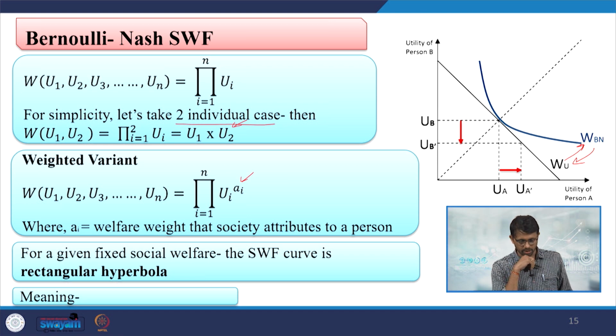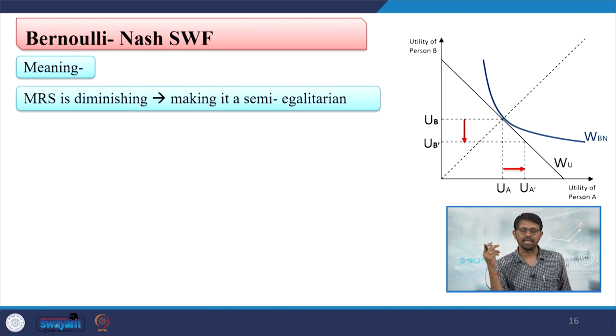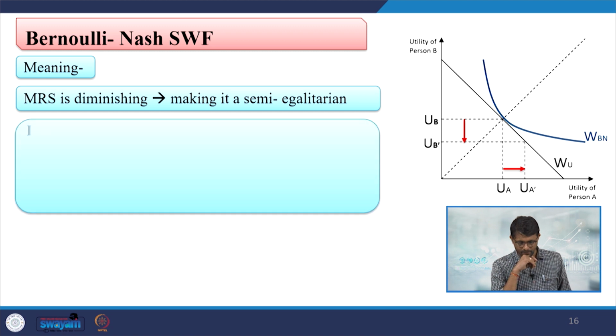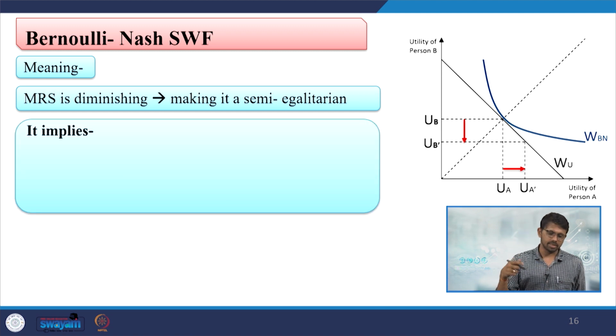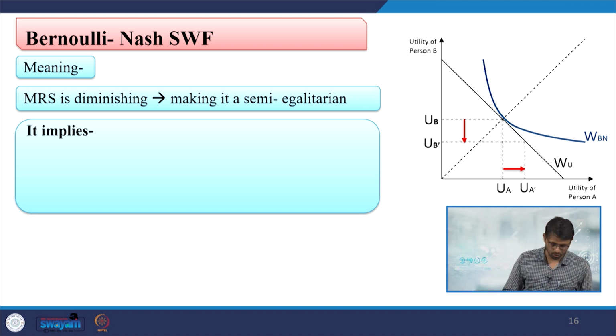The Bernoulli-Nash SWF is considered to be largely a rectangular hyperbola, and it has the interpretation that it is semi-egalitarian, because the weights need not necessarily be the same, and this is largely due to the diminishing MRS, marginal rate of substitution.